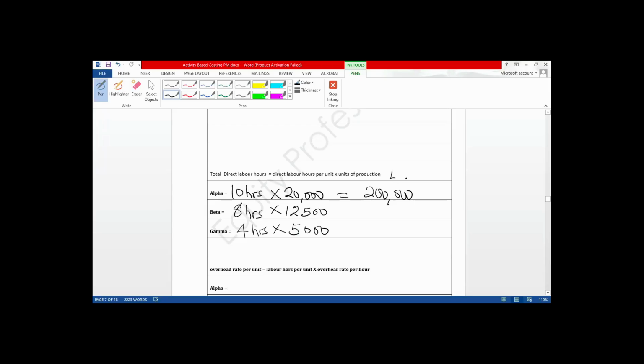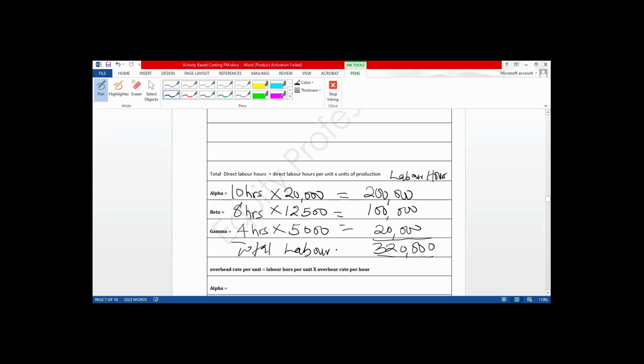Total: 100,000 labor hours. Total: 20,000 labor hours. If you sum these three, this will give you 320,000 labor hours.